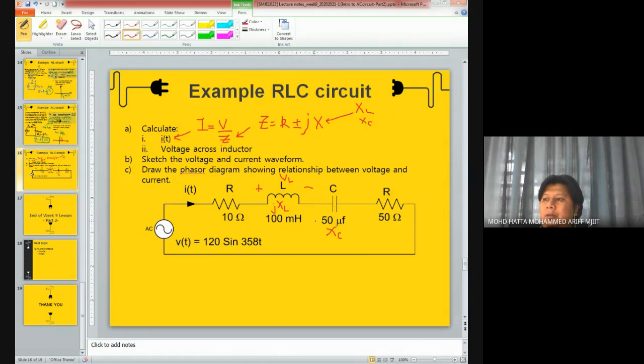So that's the idea of this example, and you will come across this kind of question in your assessment. Maybe it's a bit different, maybe we have components in parallel, but this is the basic thing of analyzing AC circuits using the frequency domain.